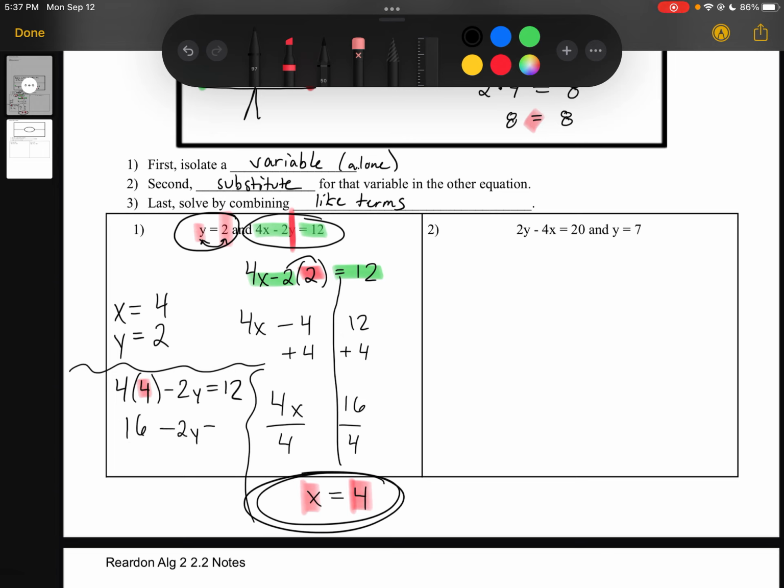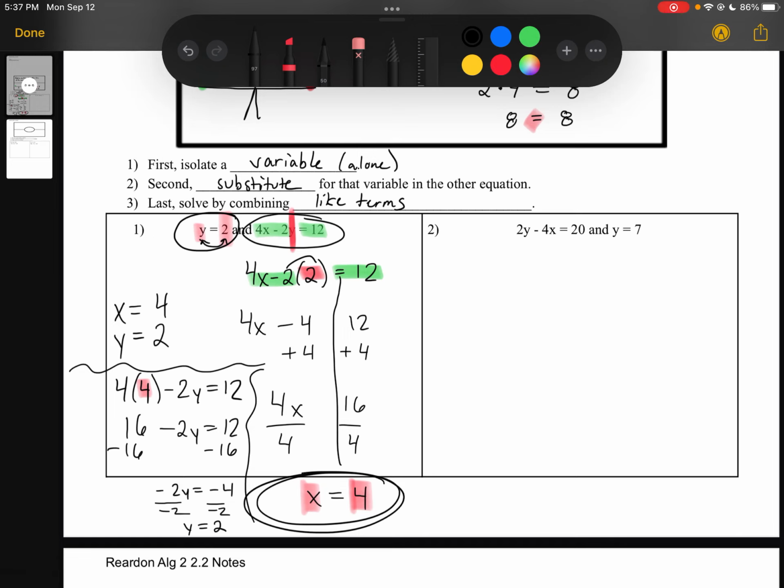So 16 minus 2y equals 12. Subtract 16 from both sides. Minus 2y equals minus 4. And what we're going to see, divide both sides by -2, is that y equals +2. So it doesn't matter which equation you plug into, it will give you the same answer every single time, guaranteed.